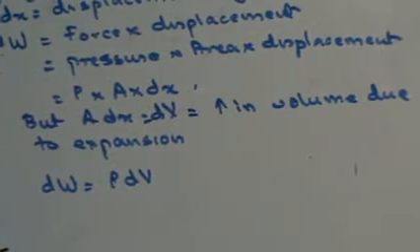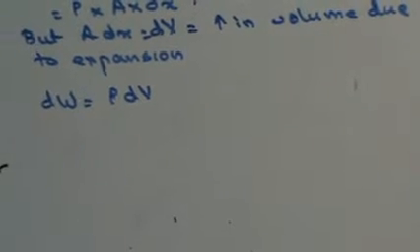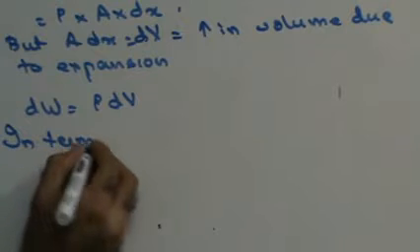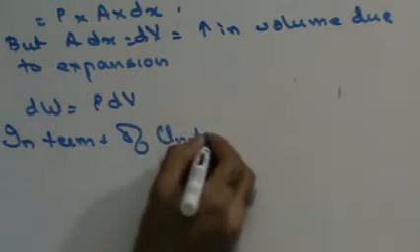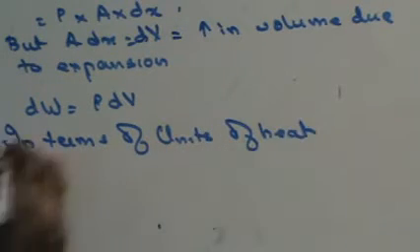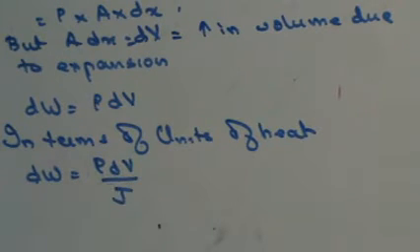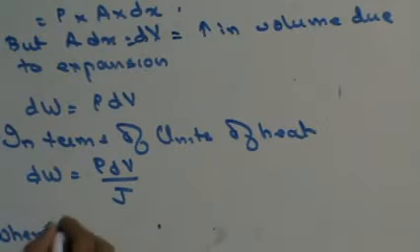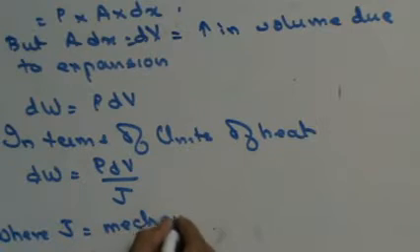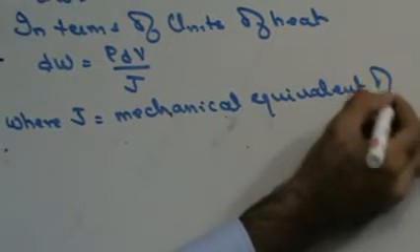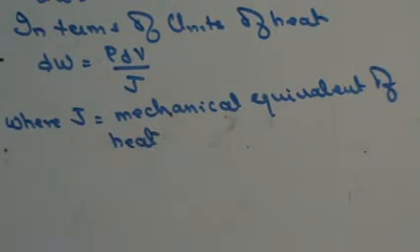Hence, in terms of units of heat, I can say dW is P dV upon J. So you will get it in terms of calories, where J is the mechanical equivalent of heat, right?